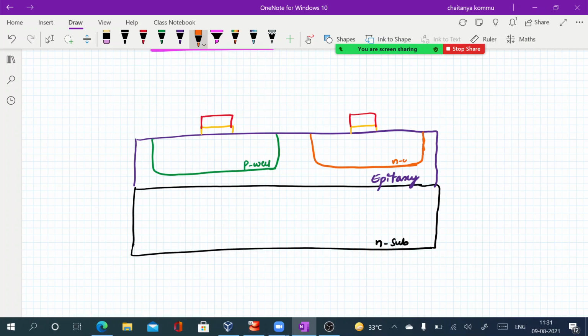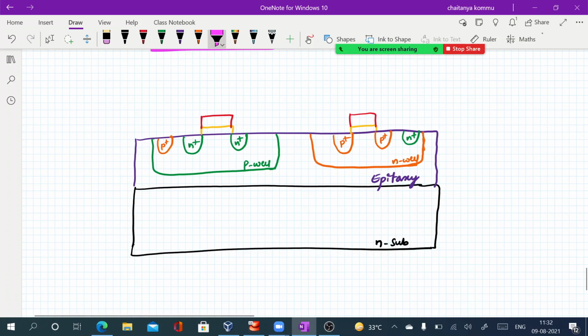In the P well, what is the suitable transistor that I can form? NMOS transistor, with n plus. The suitable substrate is p substrate. At the same time, here also n plus is required for the substrate contact. Similarly, for a PMOS transistor, p plus dopants are required, and an N substrate is required for this.